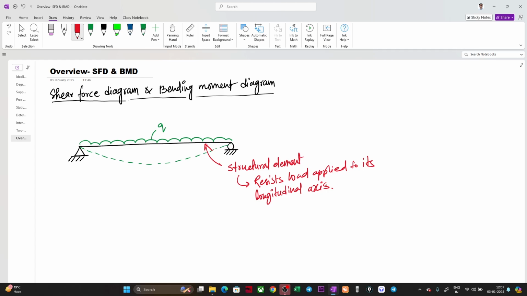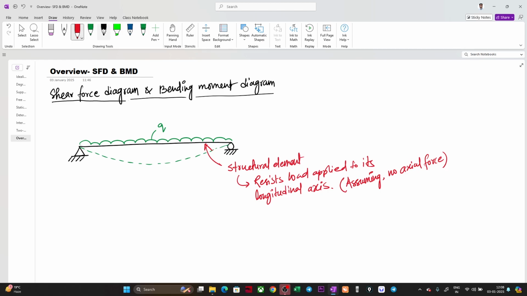As of now, we are assuming that the beam is not taking any axial force or axial load. So what are the internal forces that will be developed when we apply the load? It is resisting that load, which is applied transverse to its longitudinal axis.